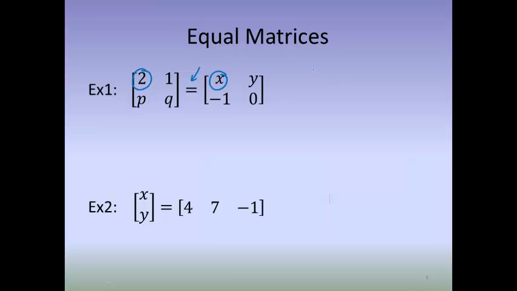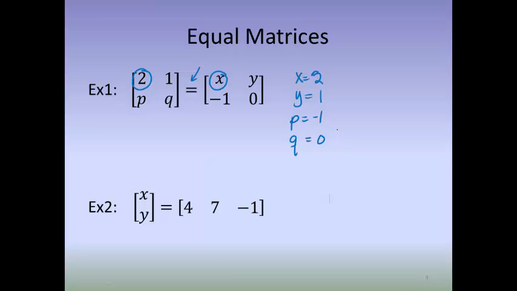So we can solve these by setting the elements in their corresponding positions equal to each other. And so this would be x equals 2, y equals 1, p equals -1 and q equals 0. So a very simple way of explaining this.